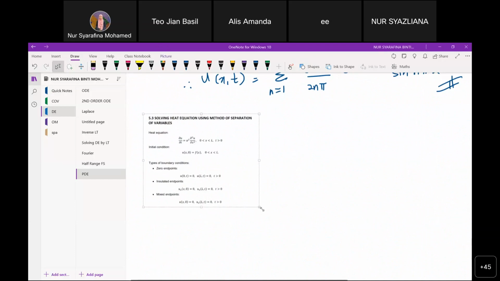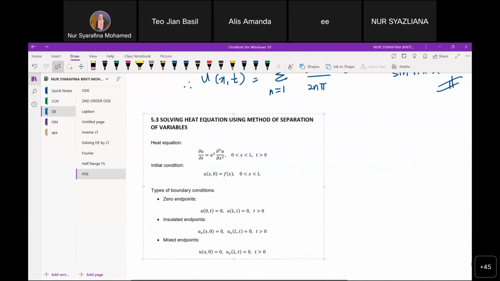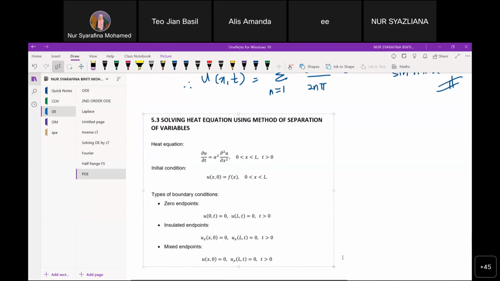Okay, so there are three types of PDE that we're going to use. Here we have 0 endpoints, which use U and has 0 and 0 endpoints. Insulated, which uses UX.